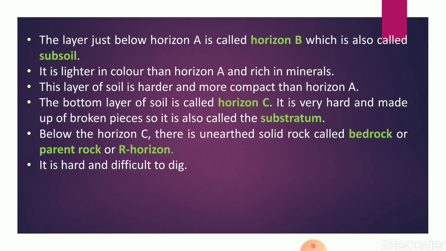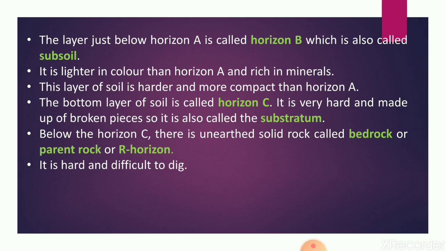This layer of soil is harder and more compact than A horizon. As we have studied, A horizon is very soft, porous, and loose. In comparison, B horizon, or subsoil, is harder and compact.